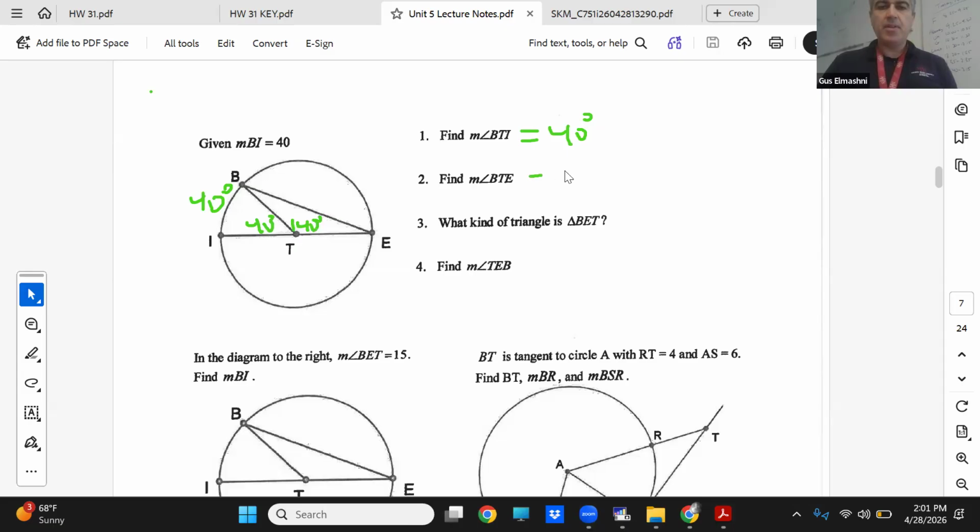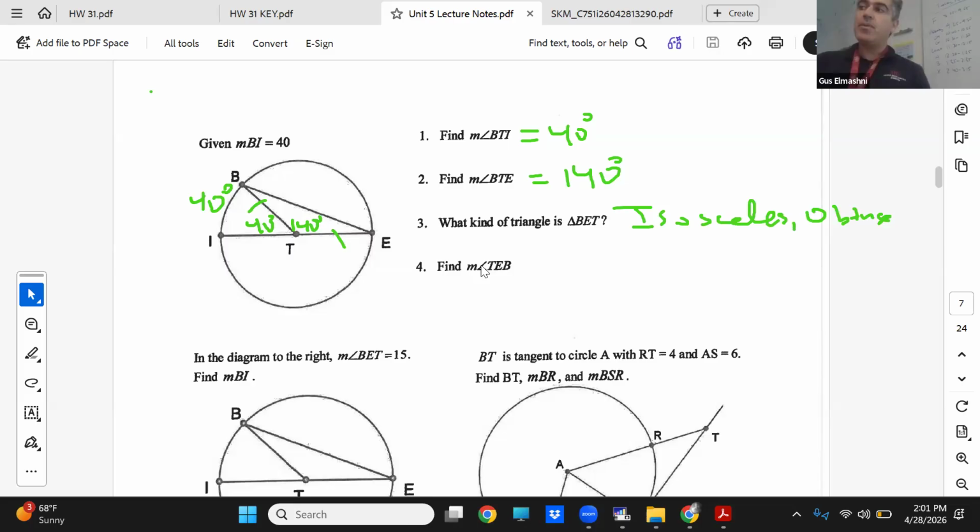Awesome. Very good. And what kind of triangle is triangle BET? Well, it's isosceles, of course. And it's also obtuse if you wanted to get a little more specific. That's good. And measure angle TEB, because you have an isosceles triangle and 140 is the big angle, how much is left for the two smaller ones? 20 each, right? So it'll be 20 each. Good.